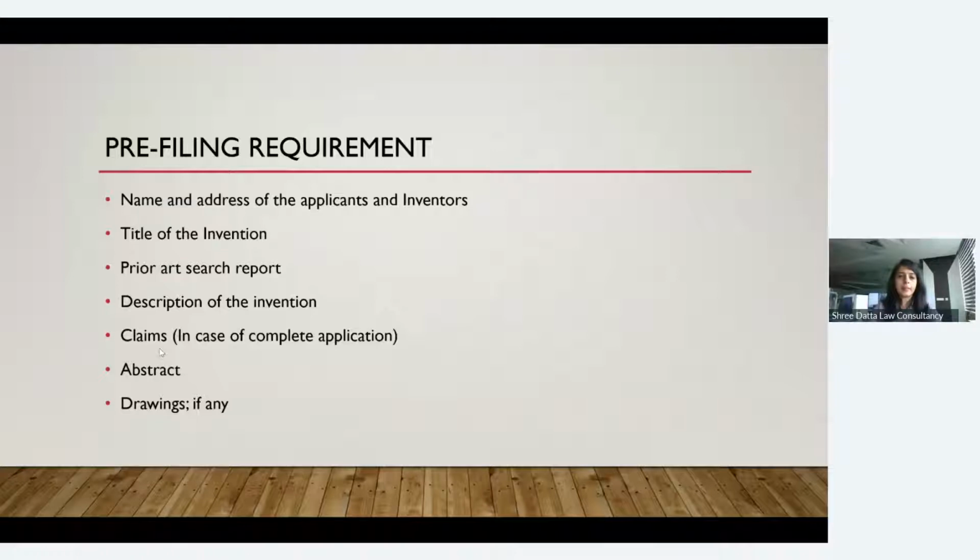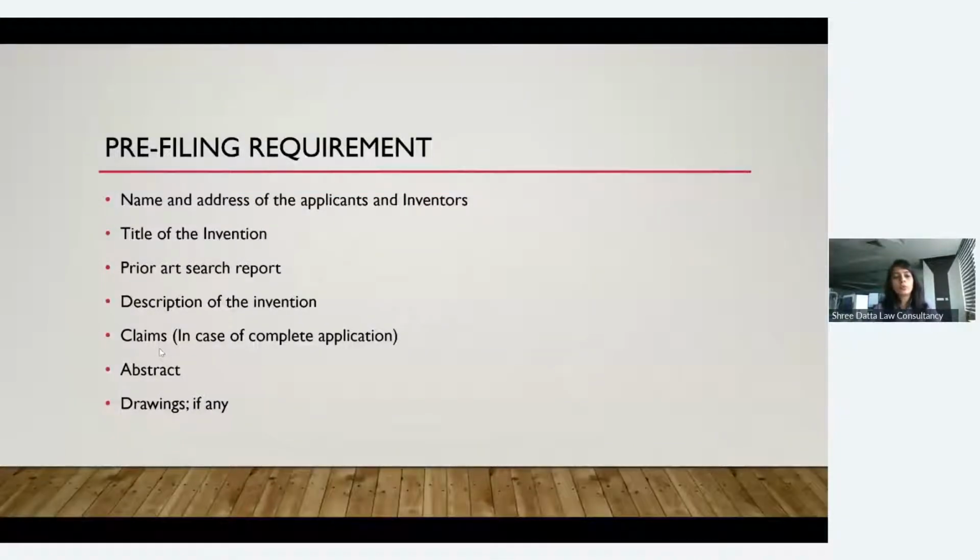Then the claim is the main part of the patent application that defines the boundary. We can say that it's the heart of the patent application. So claim drafting is a much more crucial step than the abstract, which gives the basic summary of the patent application.